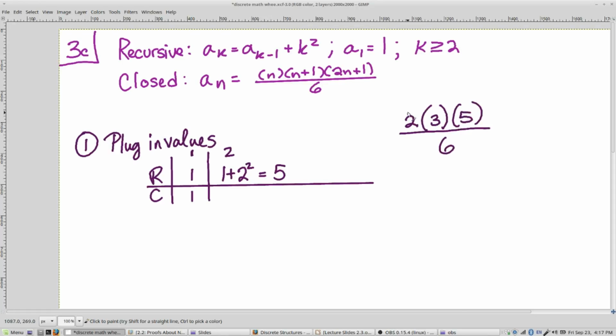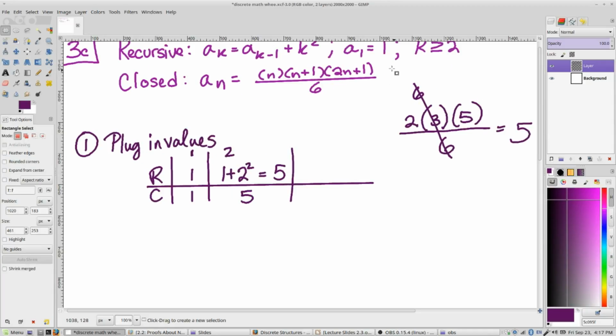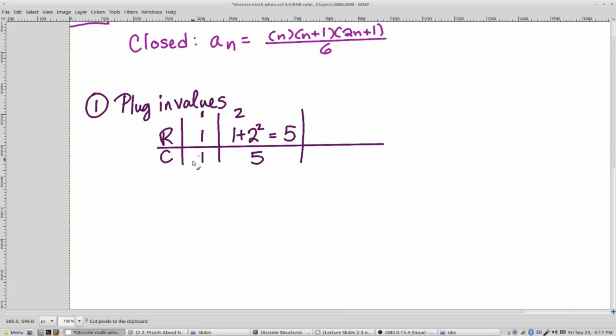So 2 times 3 right here is 6, and we don't have to do the rest of the multiplication. Those two cancel out, so then we get 5. So that's enough for checking those two. We don't need to go into all of the numbers. That's just to show that it works out.